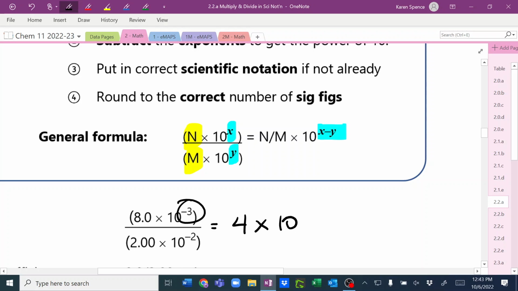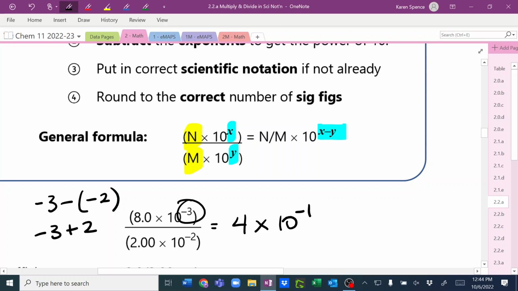I've got a -3. Am I going to add or subtract -2? I'm going to subtract -2. How do I subtract -2? Well, that is the same as, okay, so that's going to be +2. So -3 plus 2 is -1.